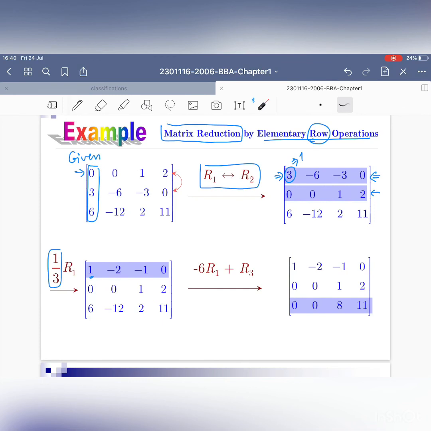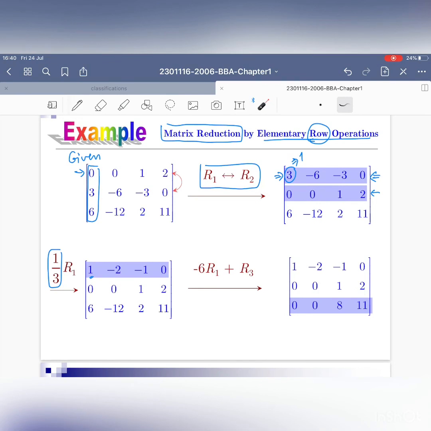After that, you are going to look at the ones below that leading 1. The ones below the leading 1 must be all 0. You already have a 0 at your second row, but this one is not. So you are going to get rid of this 6. How to get rid of the 6?